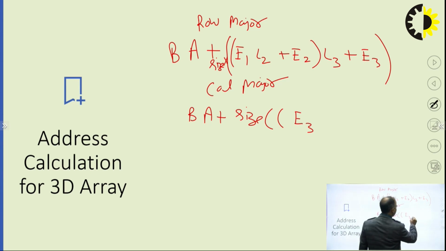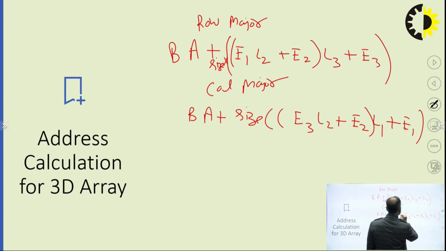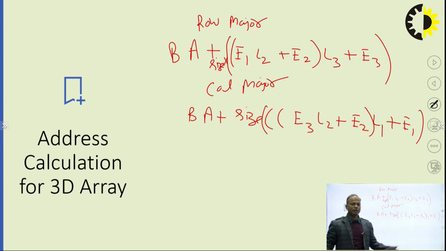E3 L2 plus E2 L1 plus E1. So in this way we are able to find out the address for the 3D array.